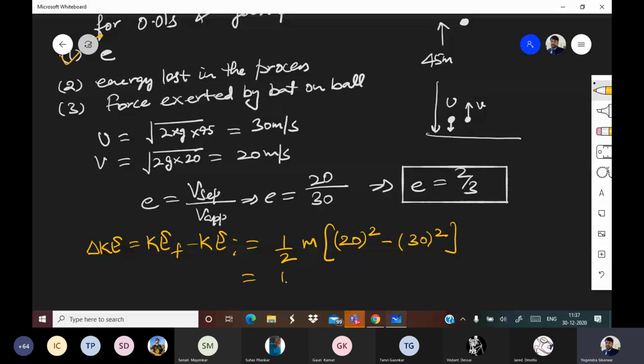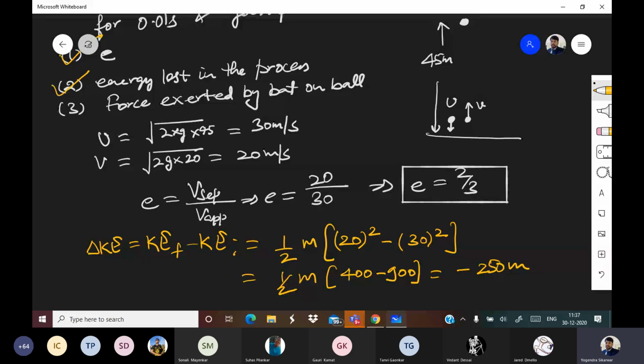So that is the answer. Half into M, 400 minus 900, is equal to minus 250 M, where M is the mass of the ball.